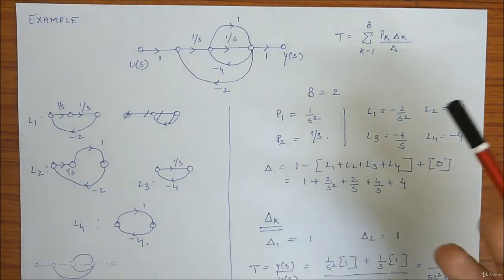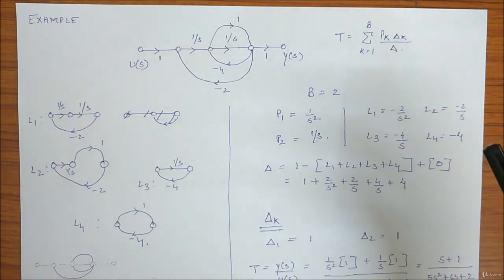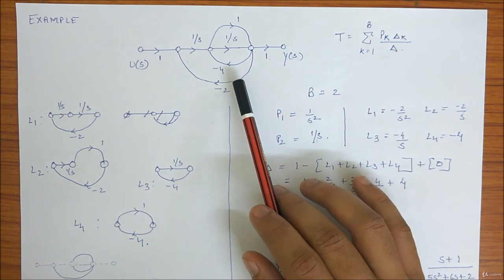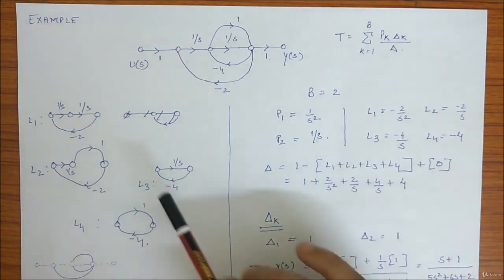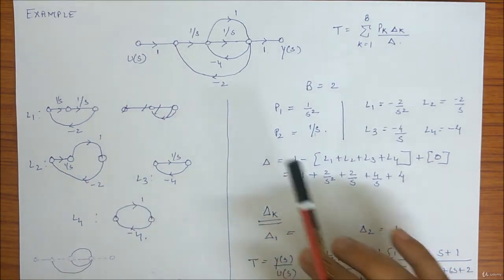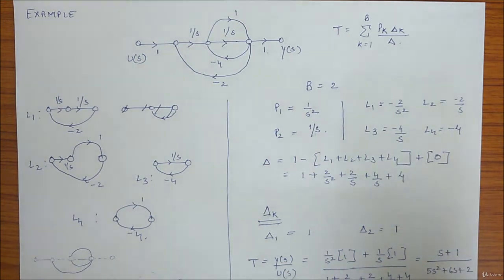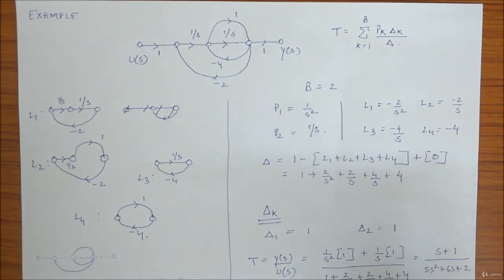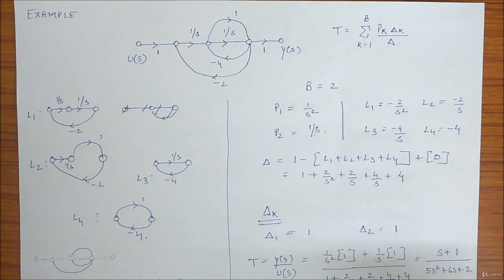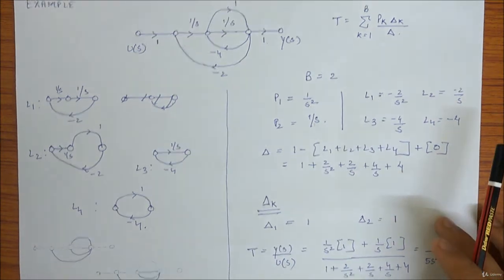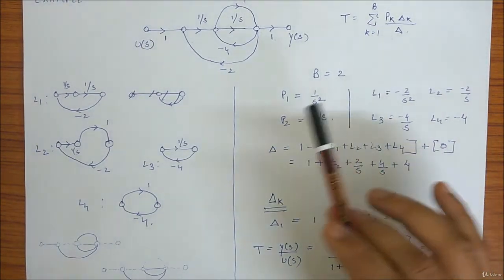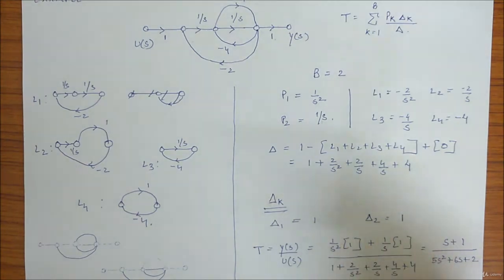And if you find complicated kind of problems, complicated SFGs, then you should draw all these loops and all, just to make sure, because ultimately we want to be correct rather than solving fast. So that is the method I wanted to point out.